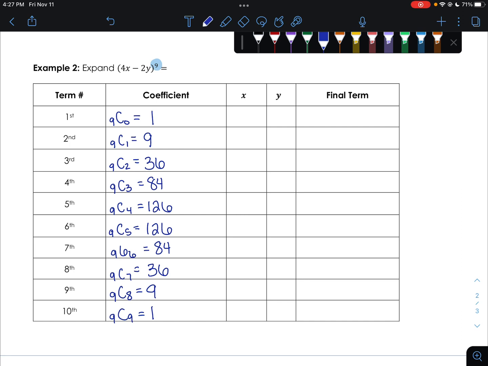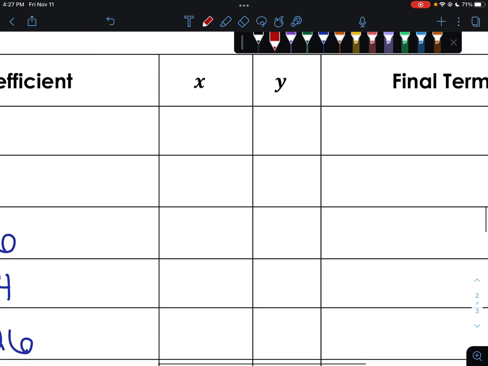Okay, now this next one, remember this is where we take the 4x and we're going to go big to small.